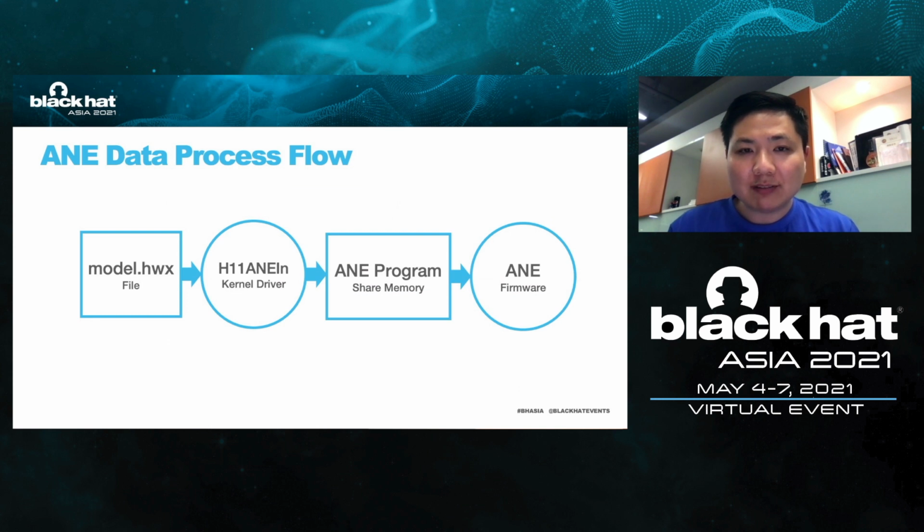The kernel driver will parse the file to extract the register operation information and pass it to the ANE coprocessor. Finally, the ANE coprocessor operates the registers to perform the actual neural network operations. We can feel that this process is long and complicated, and there may be bugs in it.